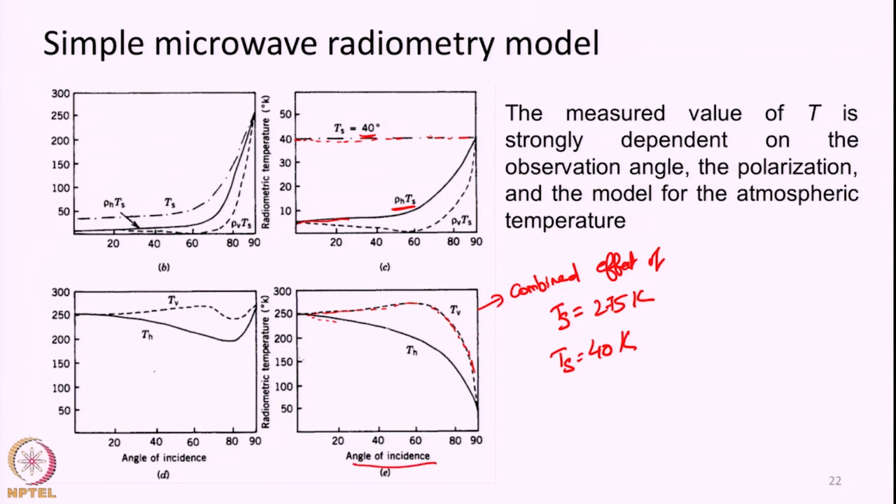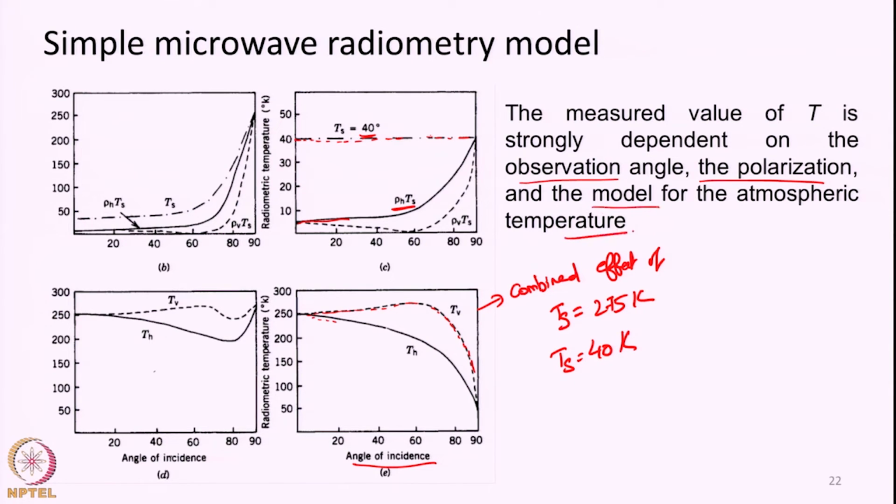This suggests that the measured brightness temperature is strongly dependent on the observation angle, the polarization and also the model for atmospheric temperature.